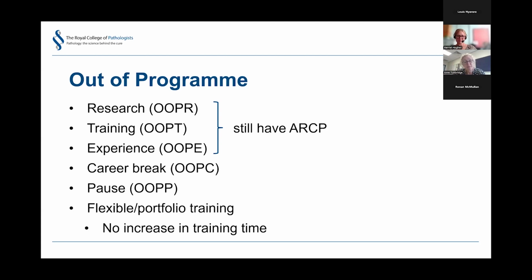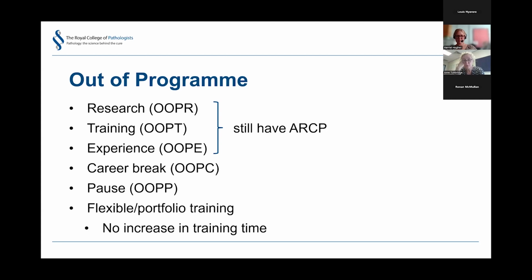So it's slightly different, and it's a very bespoke thing, but it allows you to literally stop everything for a year. It can, on rare occasions, be extended to 2 years, but it is something that your TPD would discuss with you if that was something that needed to happen.